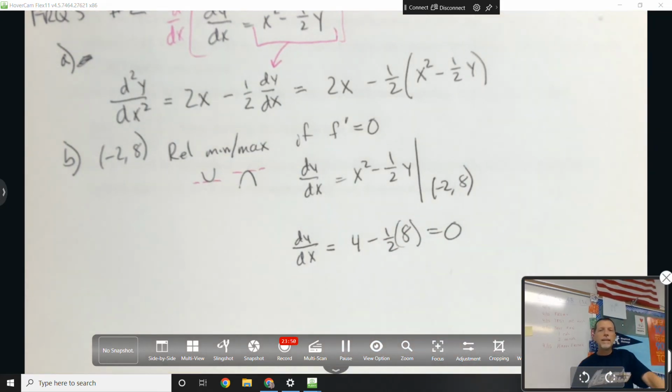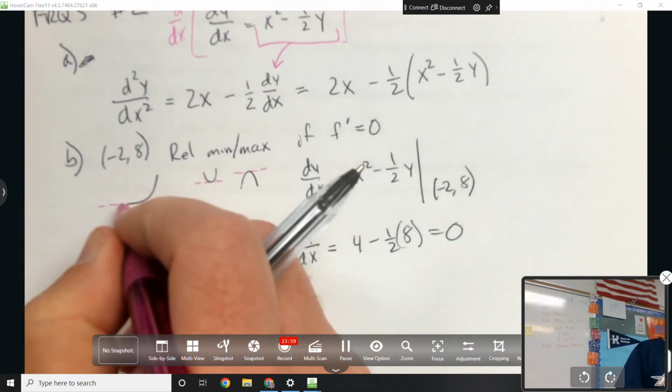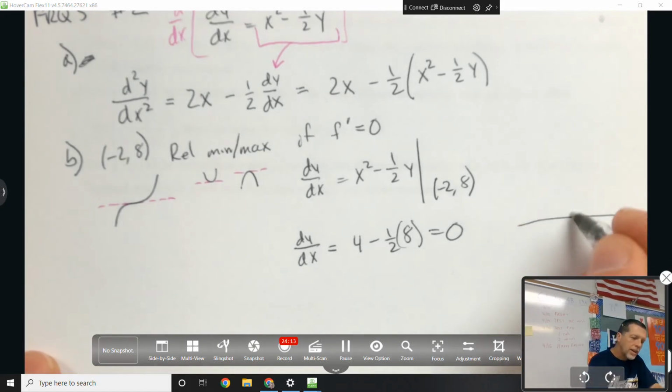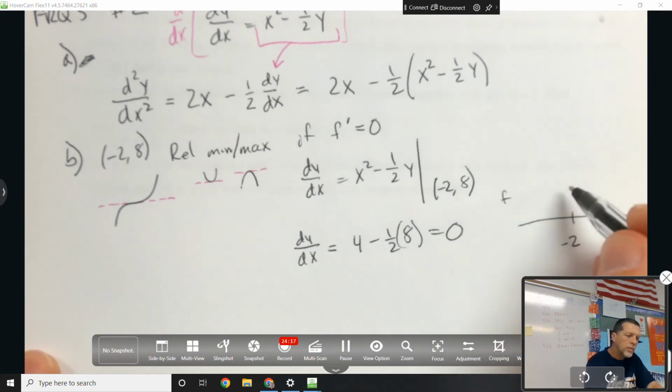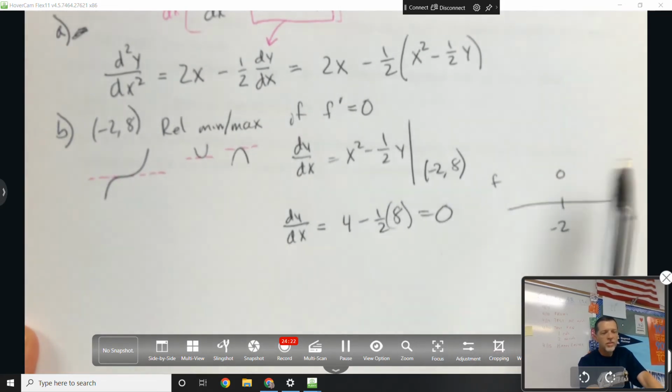Well, actually, I still don't know if it's a min or a max, because you could have that situation where this goes on. So first derivative is 0, so I might have a min or a max. One way to tell is the first derivative test, where you do a number line, and this was at -2, 8, and we know f prime is 0 there, and so we'd want to see if it changes positive to negative or negative to positive.